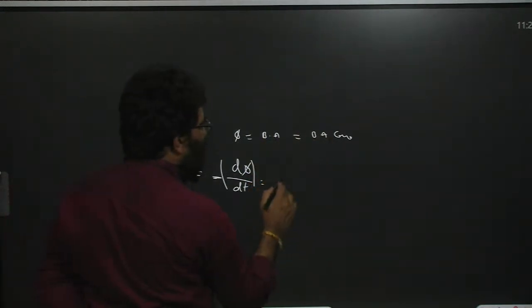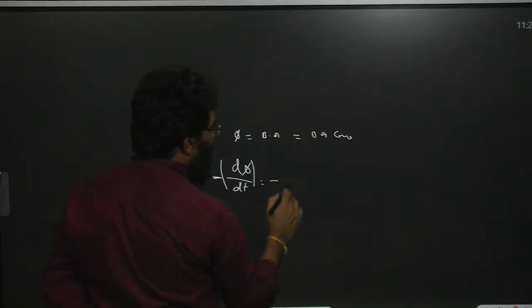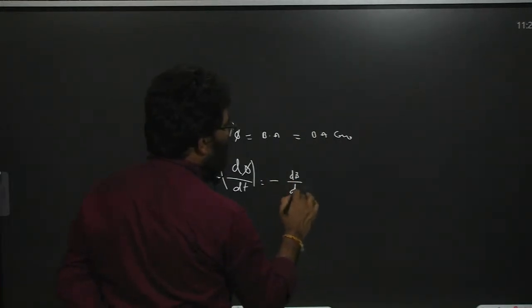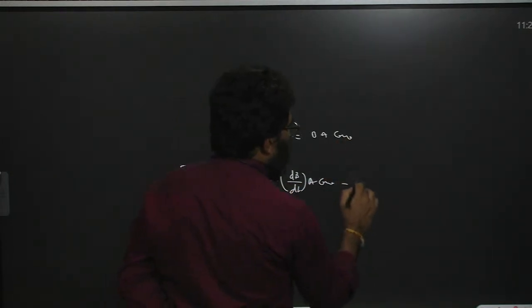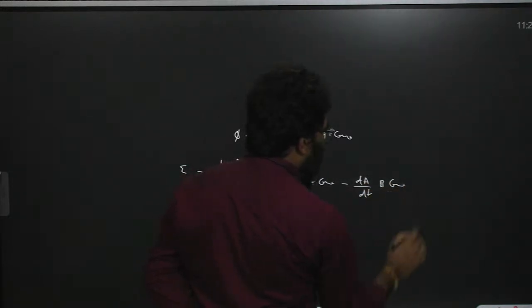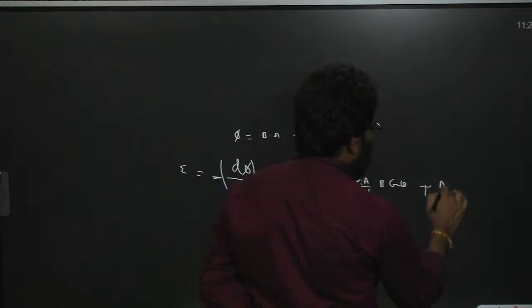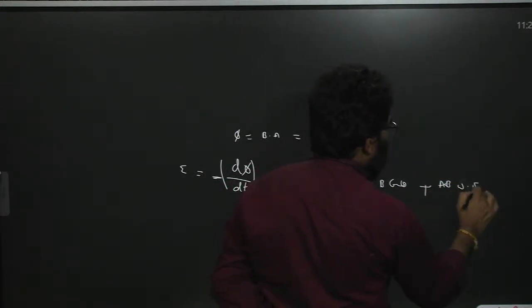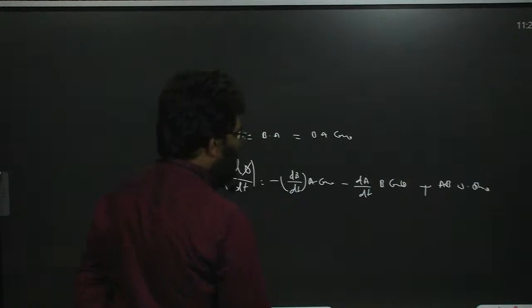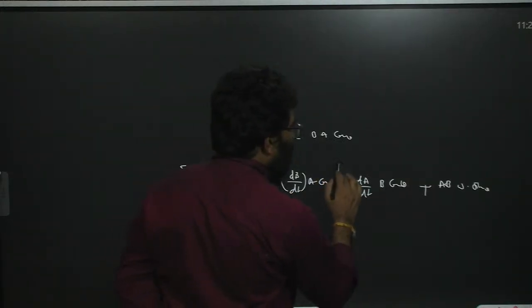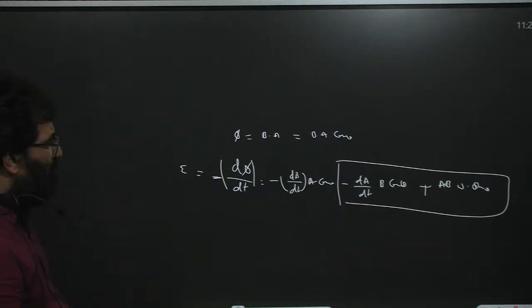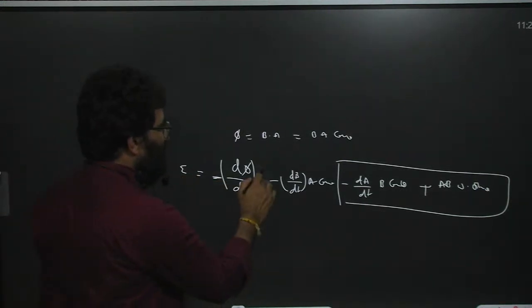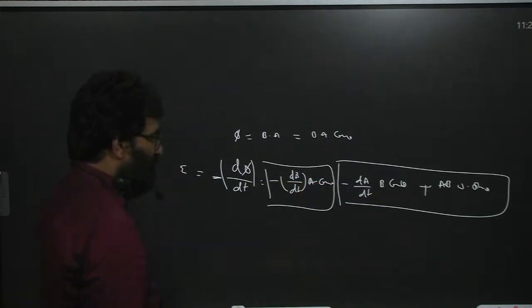Minus d phi by dt is equal to minus dB by dt into A cos theta, or minus dA by dt into B cos theta, or plus AB omega sin theta, d omega by dt. So these two components are just motional EMF, but motional EMF is this. This is very, very important.